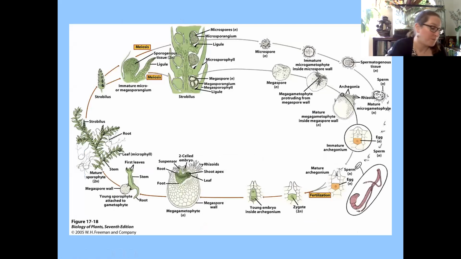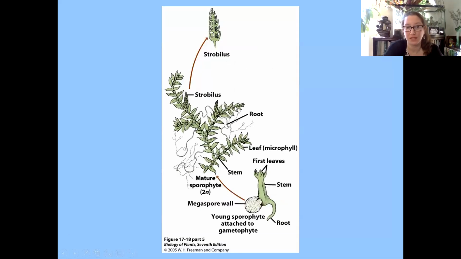All right, yep, we have time to do this. We're almost done. This is the Selaginella alternation of generations. In terms of the players, like strobilus or microphyll or sporophyte and gametophyte, those things are the same, but there are a few differences here because of this microspore megaspore thing. So let's go through it.